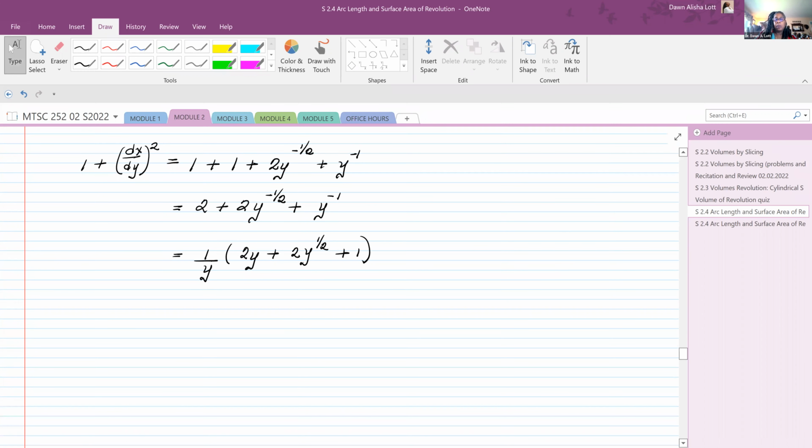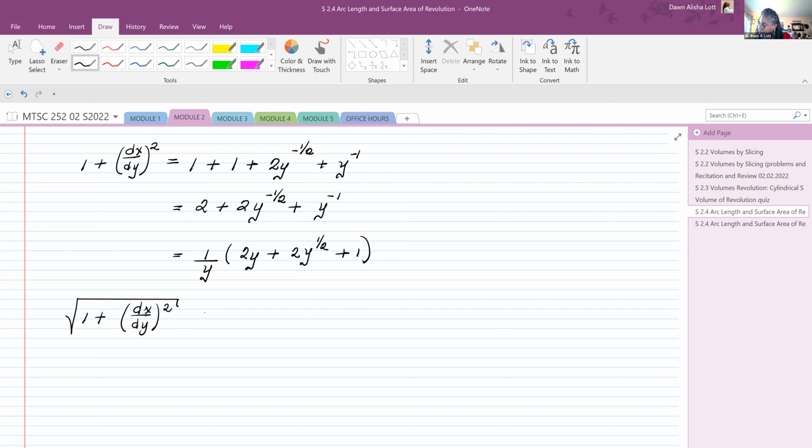Now the square root of this thing is not cute, but it is what it is. 1 plus (dx/dy) squared is going to tell me to take the square root of this thing.